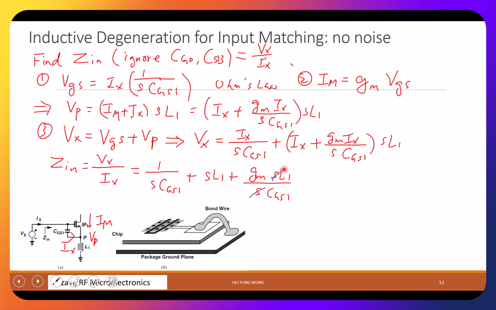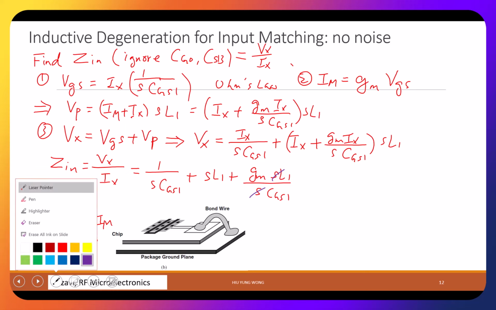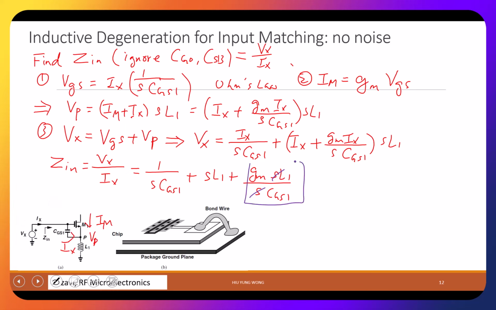Let me check my cheat sheet. There's a lot of math, but can you tell me which one is the real part? Exactly. This is the real part of Zin. So you just set gm L1 over CGS1 equal to 50 ohm.